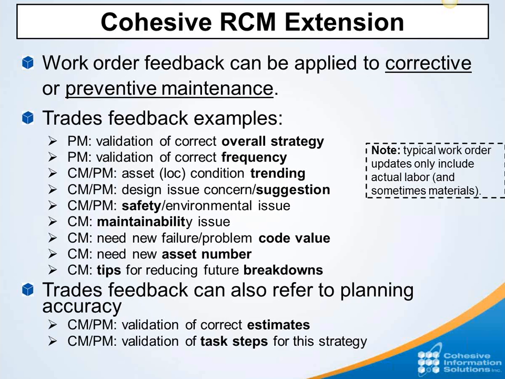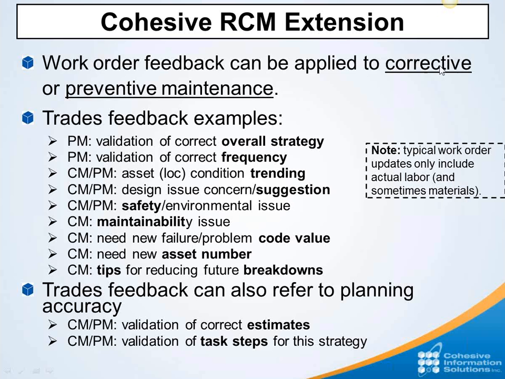Looking at the condition of the asset when you're going to perform the corrective maintenance or preventive maintenance, trending what the condition is, looking for suggestions for design issues, safety or environmental issues, maintainability for access, failure problem codes. We may need new failure codes. We may need to create new assets to further break down components into more manageable, maintainable units.